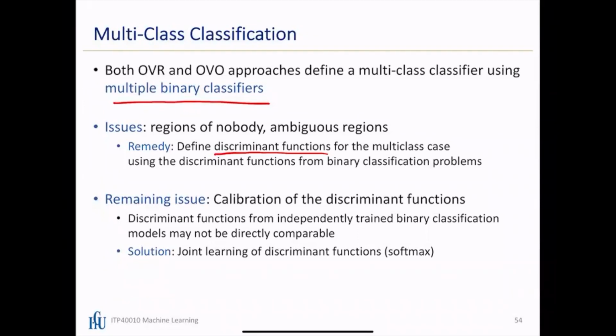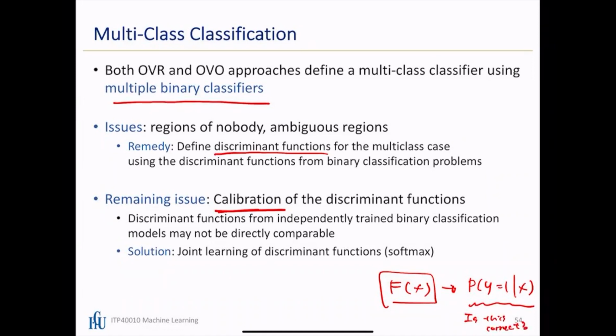Still, we have an additional issue that we haven't discussed yet. That is called calibration. Calibration in general means something like this. You have a logistic regression function, and it gave you some probability. The question is, is this probability estimate correct?